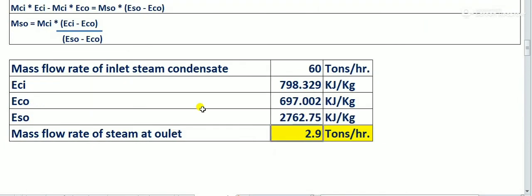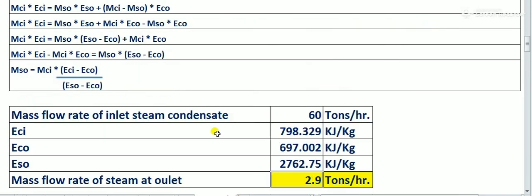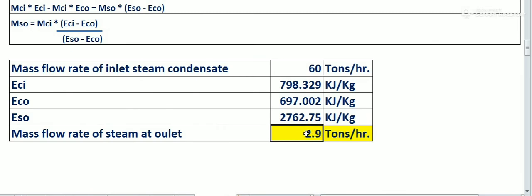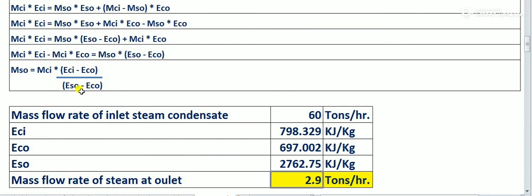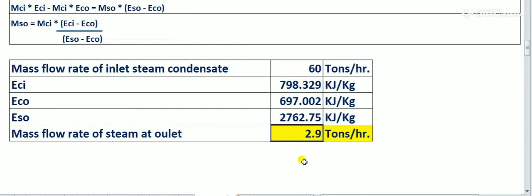The simple formula: if you are vague about this derivation, you need not worry. Directly take this formula: mass flow rate of steam condensate at the inlet into enthalpy of condensate inlet minus enthalpy of condensate outlet, divided by enthalpy of steam at the outlet minus enthalpy of condensate at the outlet. You will get the steam.